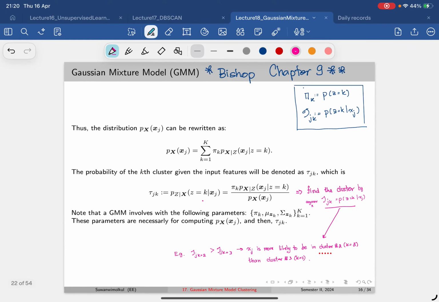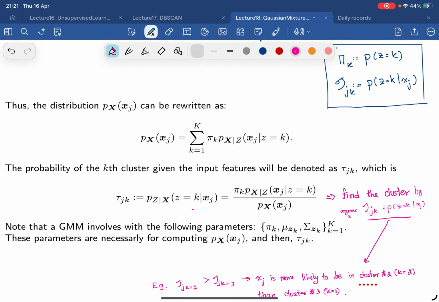Okay. And actually, when we use a Gaussian mixture model to find which cluster our data point x_j belongs to, we will normally refer to the probability of z given x.